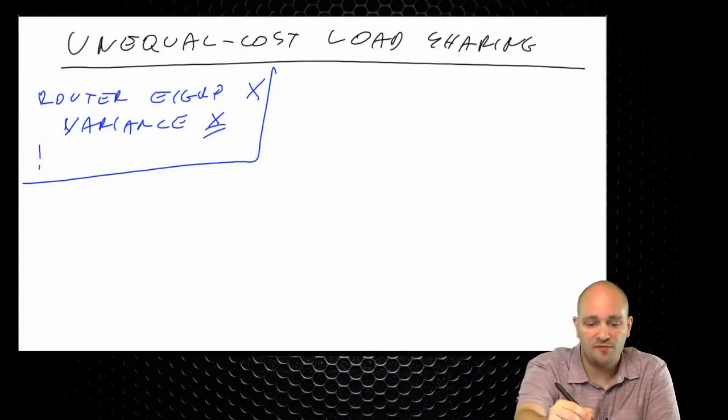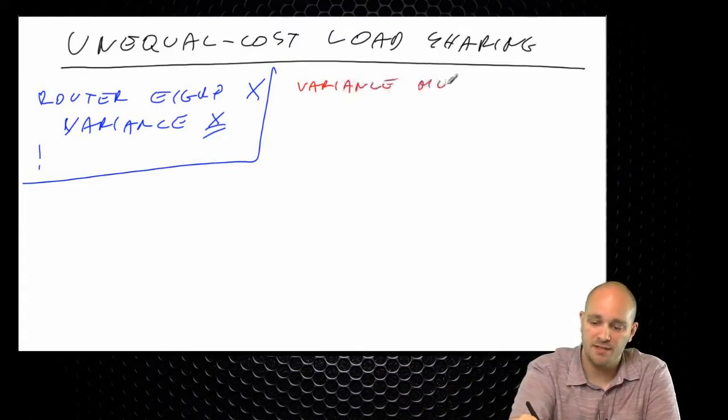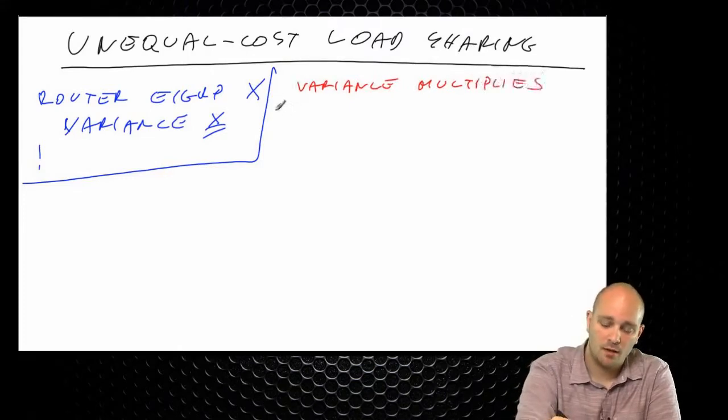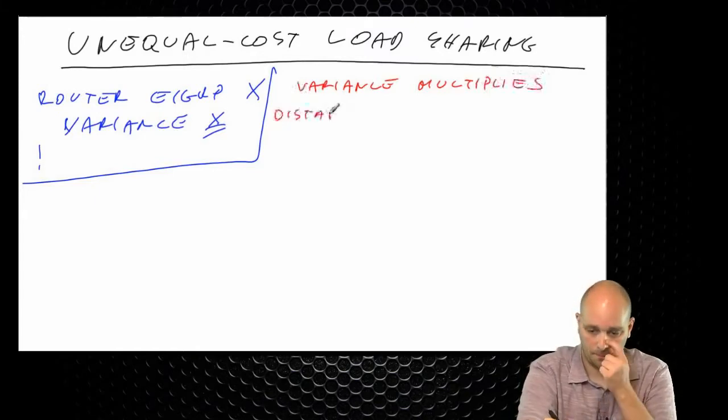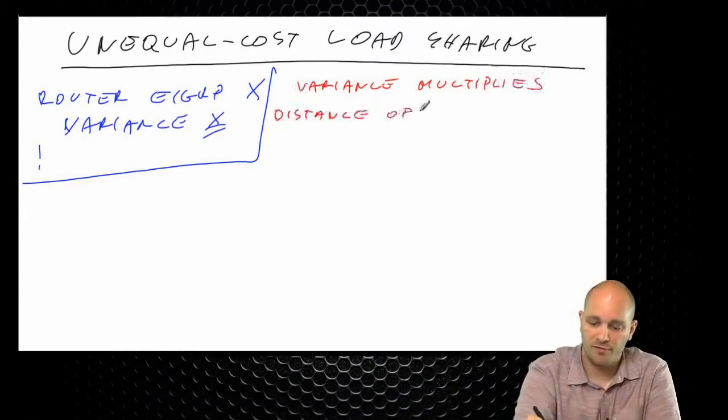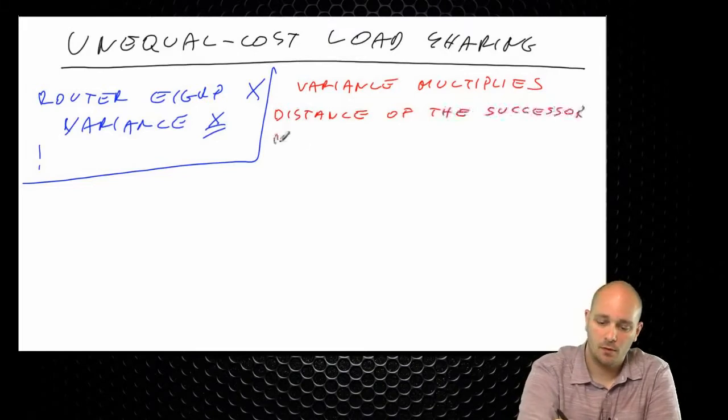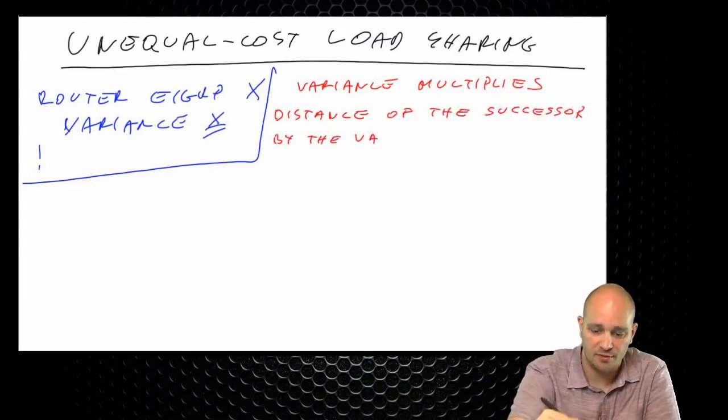So what variance X is going to do? Variance multiplies distance of the successor route by the value specified, or I should say with the value.